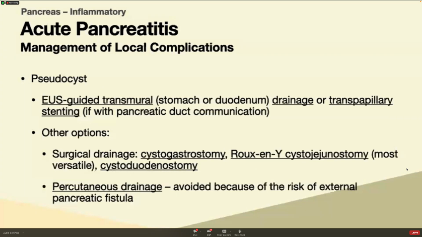So the options for pseudocysts are EUS-guided transmural drainage or transpapillary stenting if there's a pancreatic duct communication. Then other options include surgical drainage such as cystogastrostomy, Roux-en-Y cystojejunostomy, which is the most versatile, and cystoduodenostomy. Percutaneous drainage is also an option. However, this is avoided because of the risk of external pancreatic fistula.